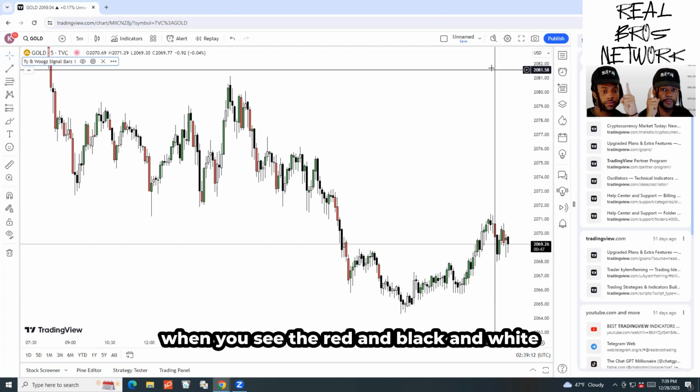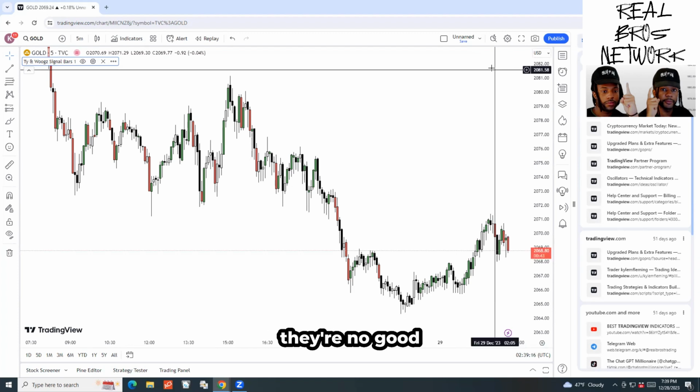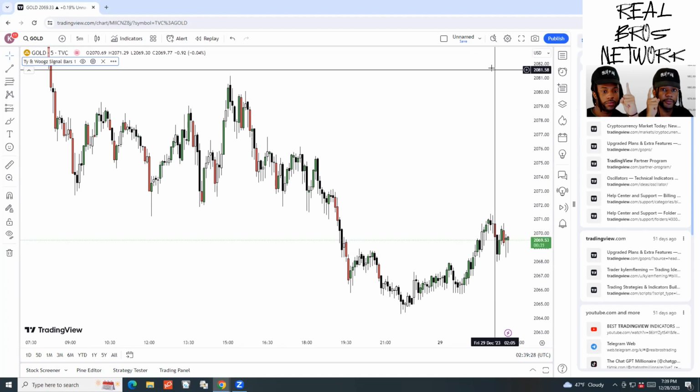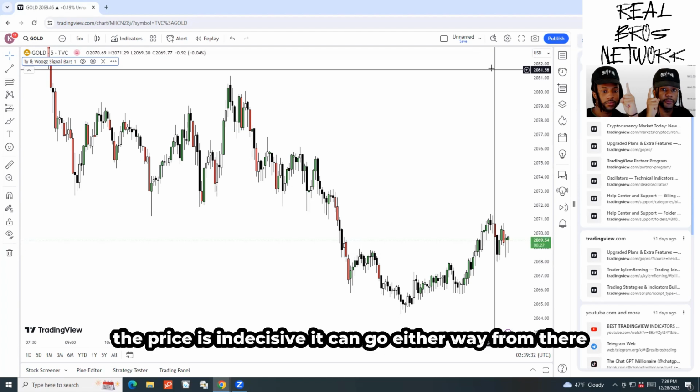They're no good. I don't want to call it noise because every bar means something, but those are bars that confuse a lot of traders when they take trades on those bars. When you see trading range, the price is indecisive. It can go either way from there.